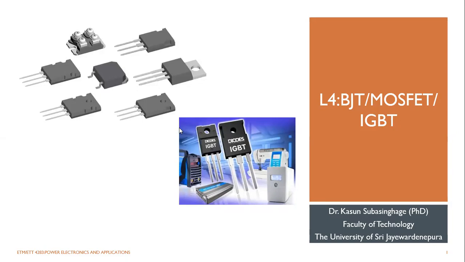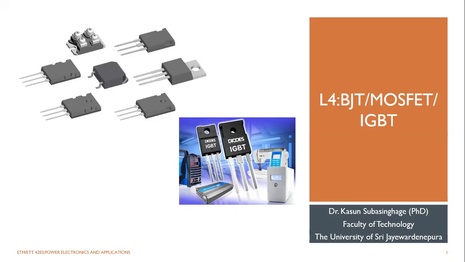So before we move into the applications, this lecture gives you insight into the basic devices, like BJTs, MOSFETs, and IGBTs, which we use as switching devices in power electronics. I hope this lecture will be useful for you to understand the concepts more easily.